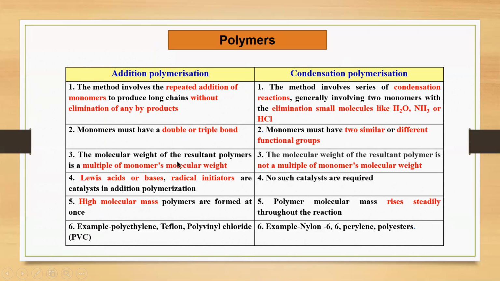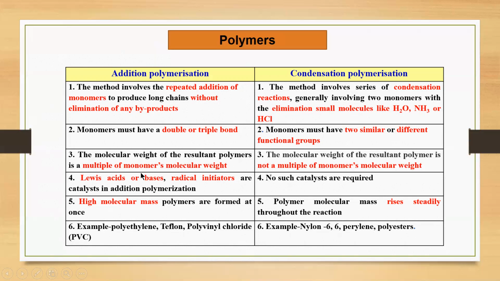The molecular weight of the resultant polymer in addition polymerization is a multiple of the monomer's molecular weight. That is very simple because this is just the successive addition of one monomer to the other. Whereas in condensation polymerization, the molecular weight of the resultant polymer is not a multiple of the monomer's molecular weight, because it involves condensation reactions, which include the elimination of small molecules.